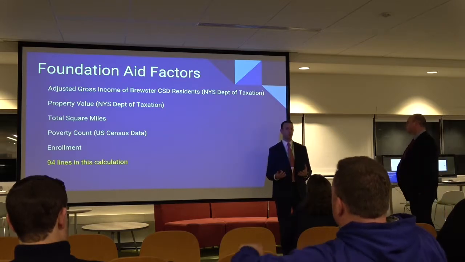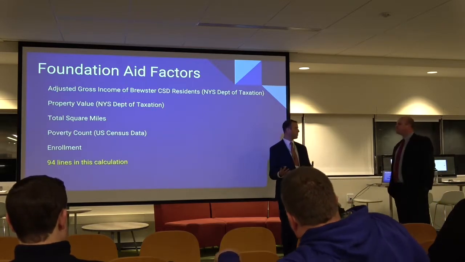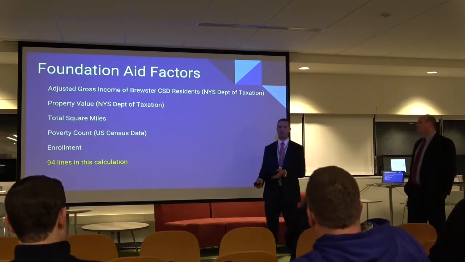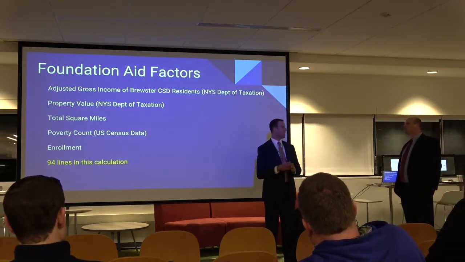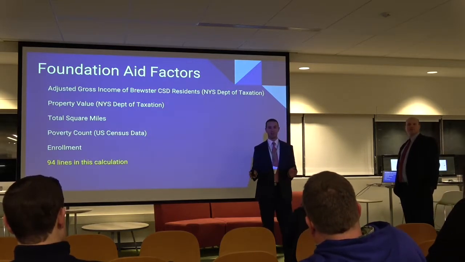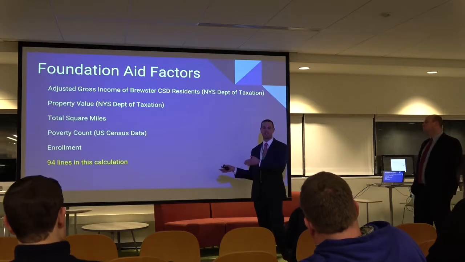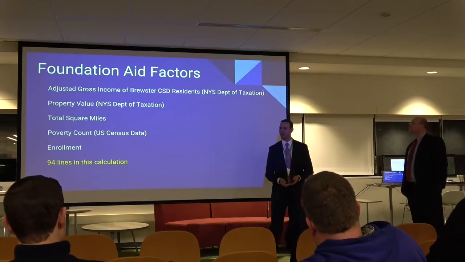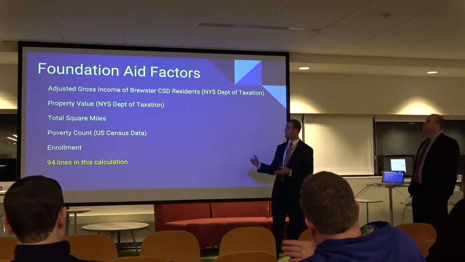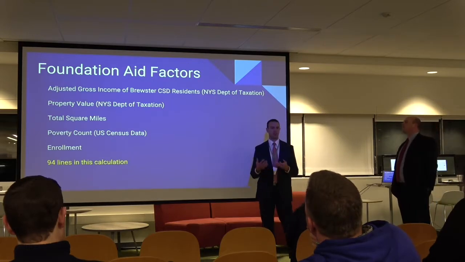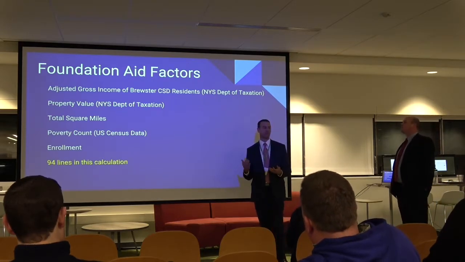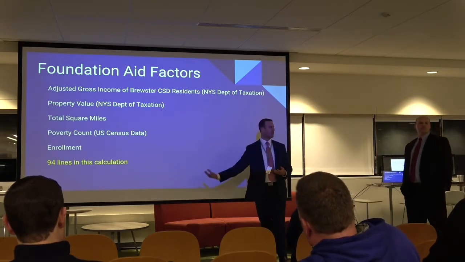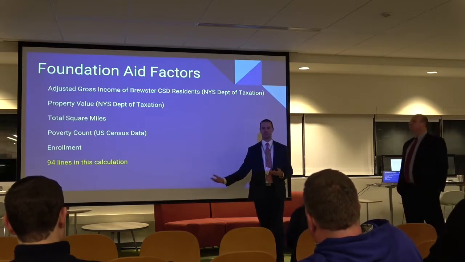Now it becomes even more political because those 30% of districts that are actually overfunded because of the formula don't want to see any change, because they're getting more than the state's formula said they should. So it's almost ironic that the state has a formula for foundation aid, realized that it couldn't actually implement this formula, and then came up with another formula to figure out what it could afford.